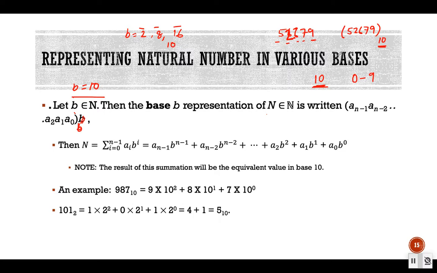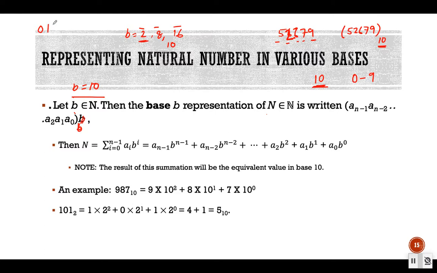But in all other bases, for example, if the base is 2, all the digits we can use to represent a number are only two, 0 and 1. That means all the digits have to be less than 2. So we can use only 0 and 1 in base 2.